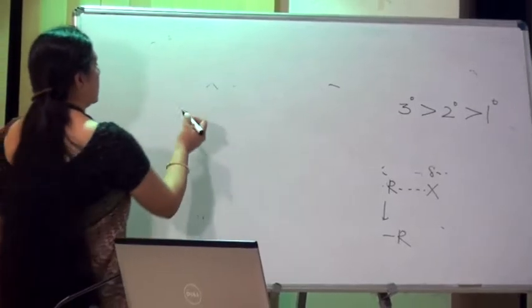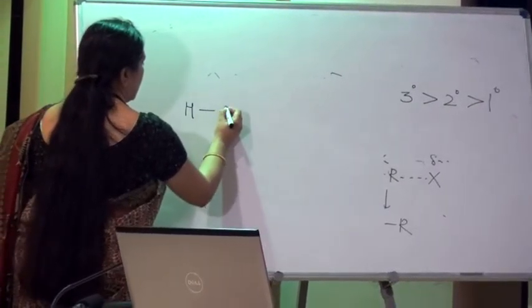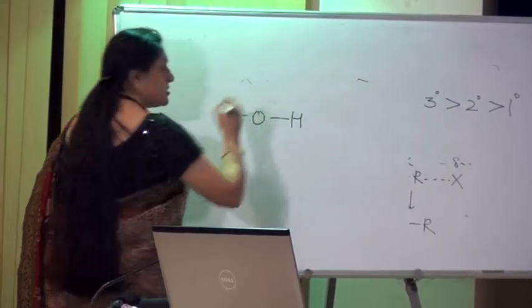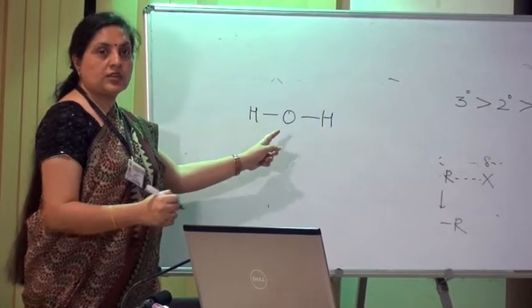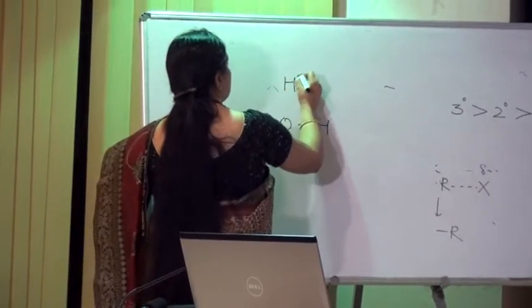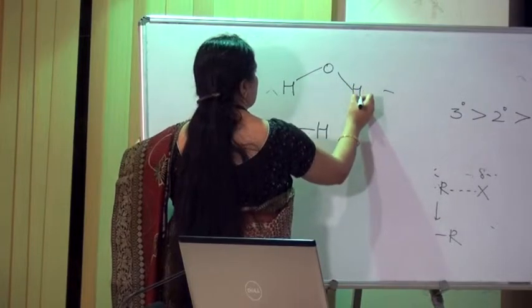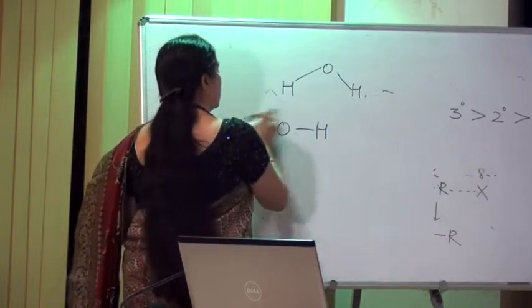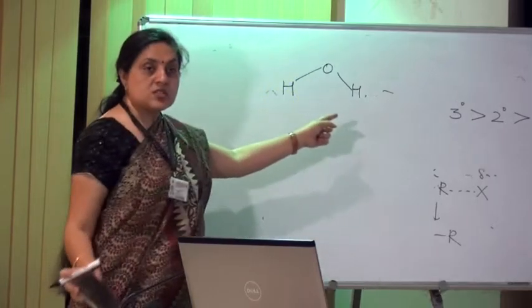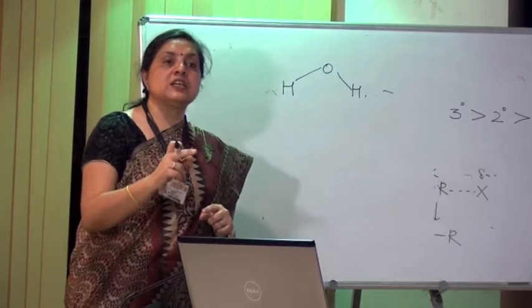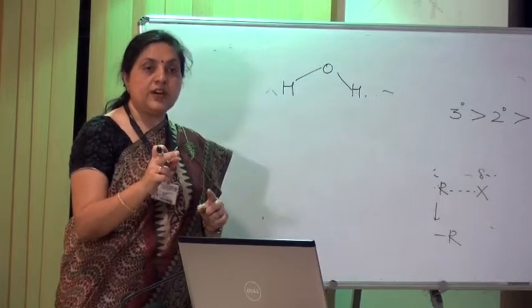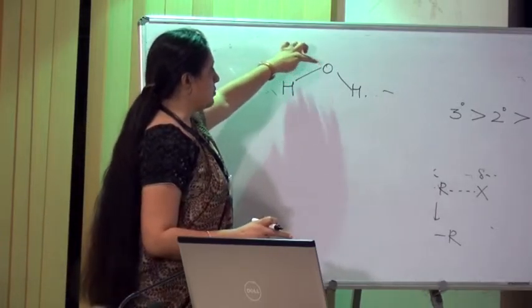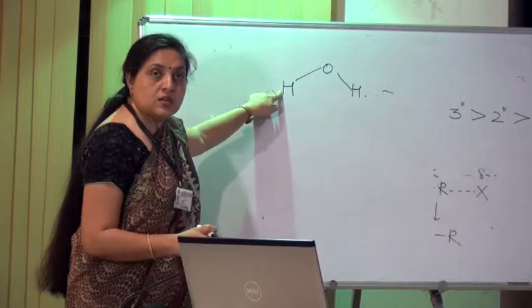See, water, I told you we are not writing like this. We write water like this. It's a V shape. The reason is that you have lone pairs of electrons on the oxygen atom. And when we consider the dipole, oxygen is more electronegative than H, isn't it?